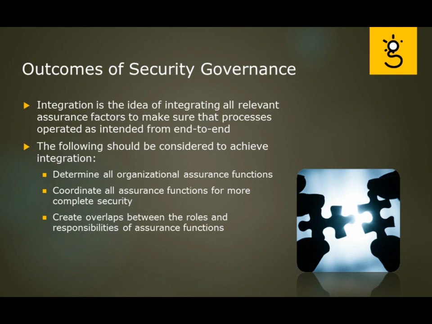In other words, don't treat them all as standing alone. In today's world, many of them overlap. I made the example of firewalls and intrusion detection. They overlap in that they're looking at the same data, the same packets traveling on the network, but doing different things, while enhancing each other's performance. And having just said that, another one is to create overlaps between the roles and responsibilities of those assurance functions.